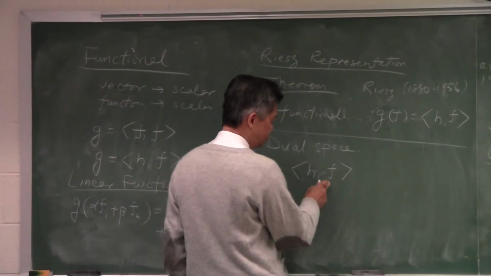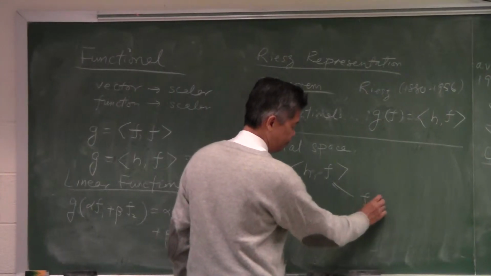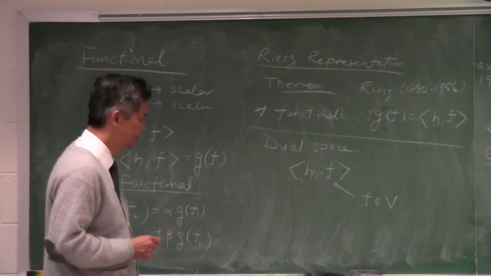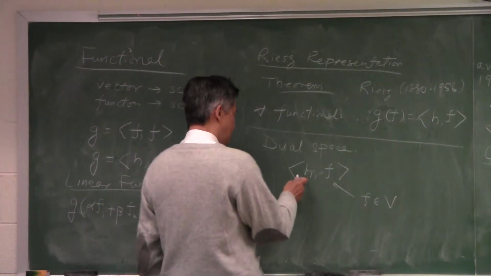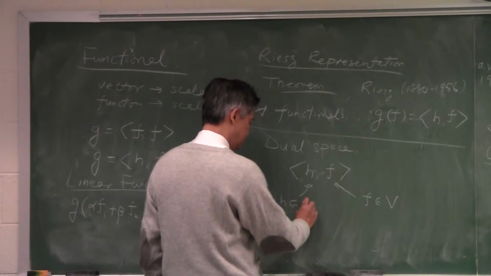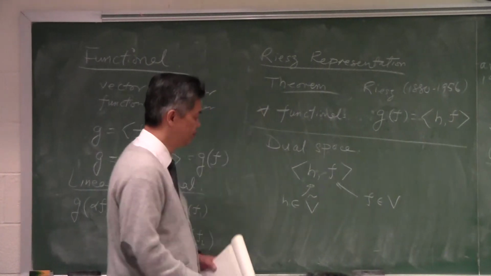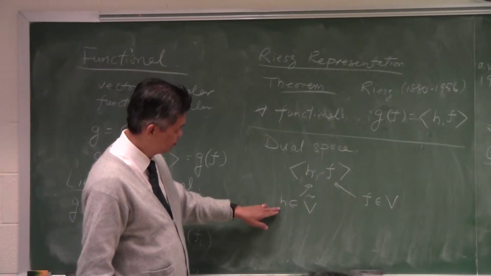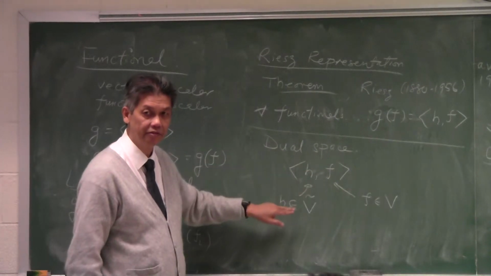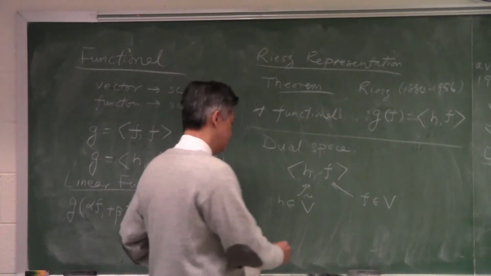If you have an original function space, that is, if F is a member of some V, some functional space, all possible H belong to the dual space of V. All possible vectors that make this inner product possible form the dual space of V, and we call this the dual space V, which is the dual space of V.